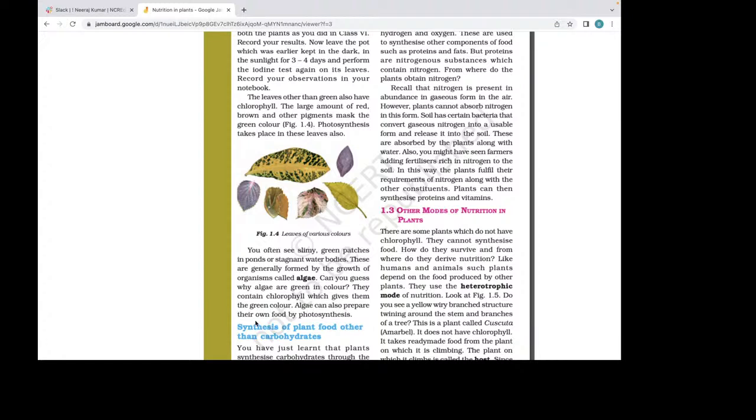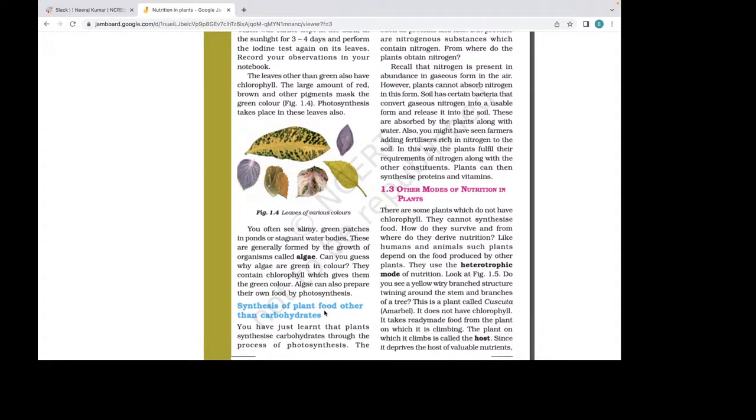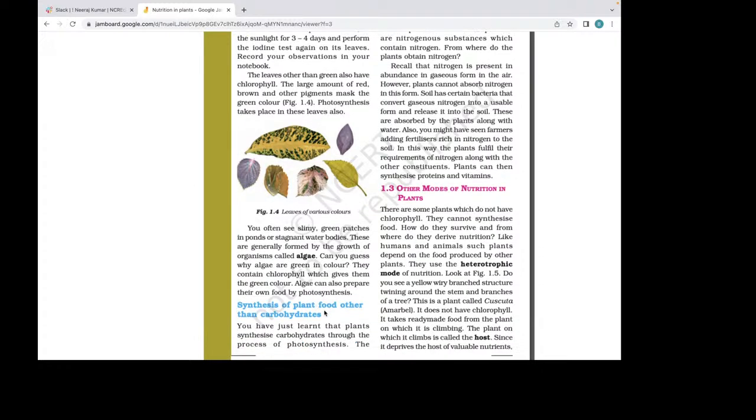Algae can also prepare their own food by photosynthesis. सो आपने देखा होगा जो पॉन्ड्स वगैरह में होते हैं उन पर कुछ ग्रीन सा जम जाता है. You can see some green patches on them. These green patches are called algae, and since they are also green in color, they have chlorophyll and can also prepare their own food by photosynthesis.